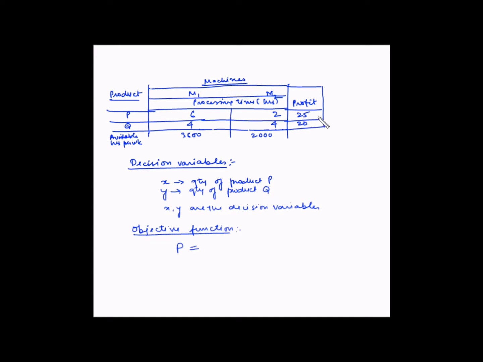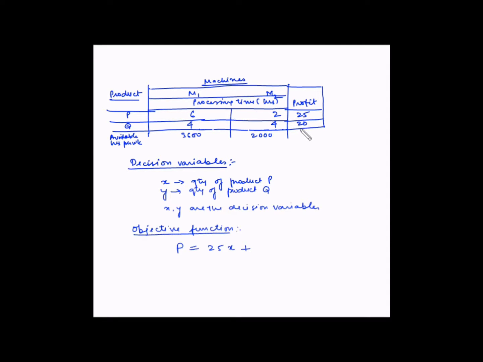Now we have been given the profit for each of the products P and Q. So for 1 unit of product P, we can get a profit of rupees 25. Now we are assuming the quantity of product P that we are going to manufacture as X. So for 1 unit of P we get a profit of 25 rupees. For X units we'll get a profit of X multiplied by 25. So let us note that down.